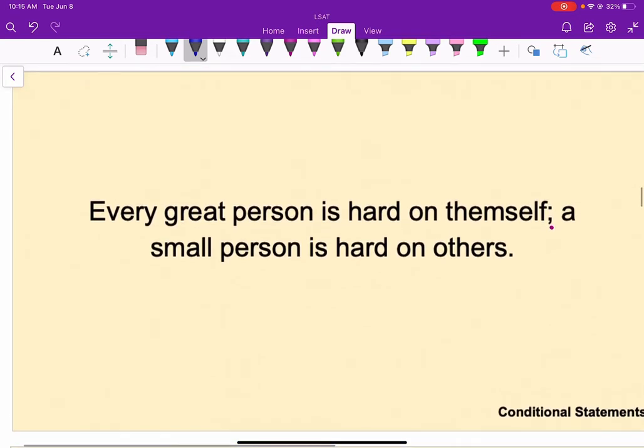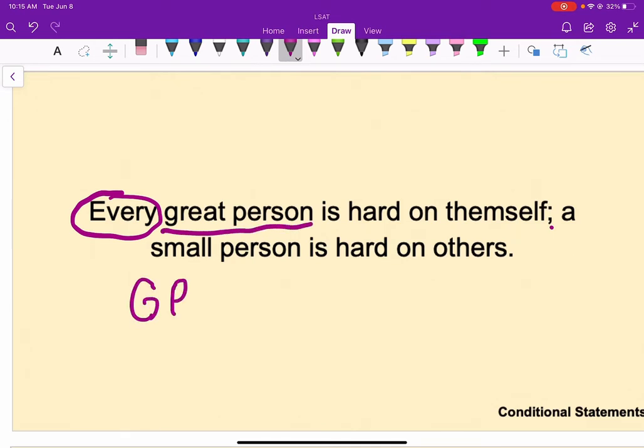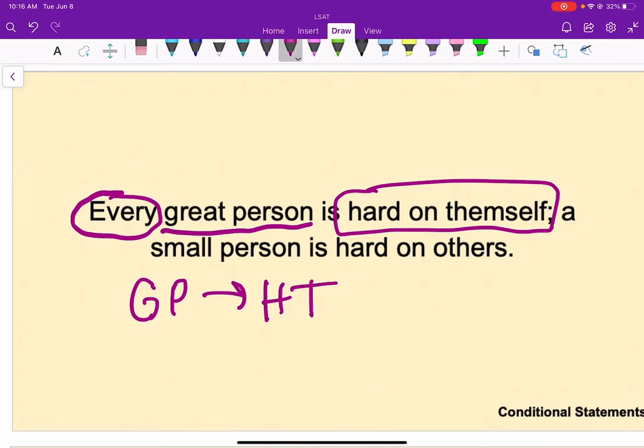All right, go ahead and try diagramming this one on your own. All right, did everybody catch that we actually have two conditional statements here? So every introduces one. So every introduces sufficient. So if I am a great person, what does that mean? Every great person is hard on themselves. So hard on themselves. And then our second one is a small person.